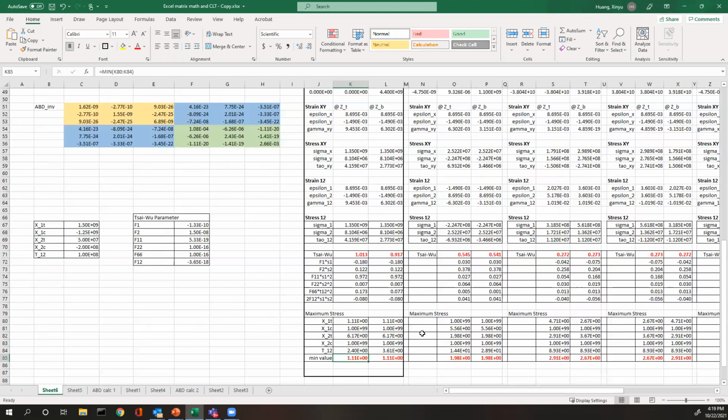Okay. It turned out in this case, the smallest number is tensile. This is the smallest number. So by this, I would guess that this is a fiber failure. This is X1T, closer to its threshold.